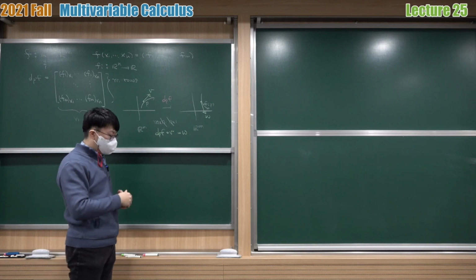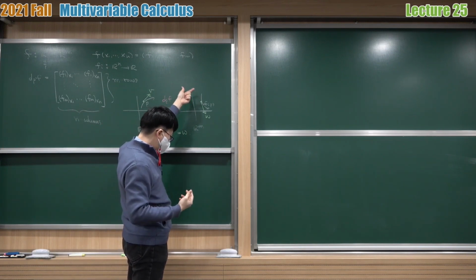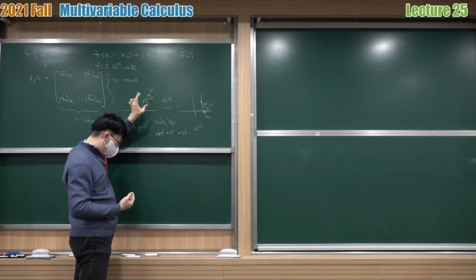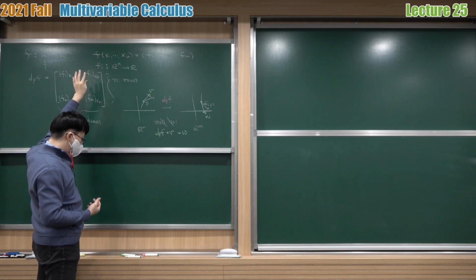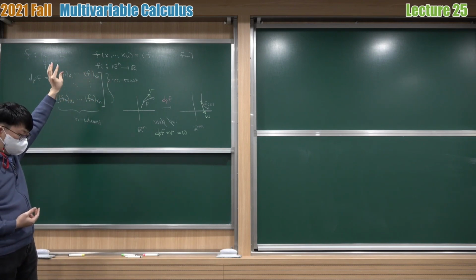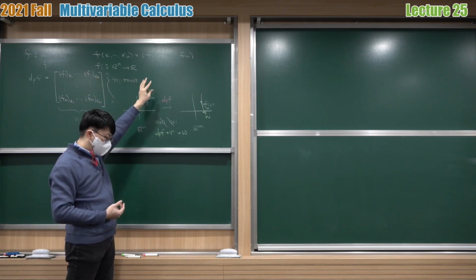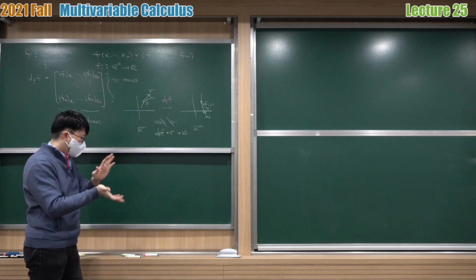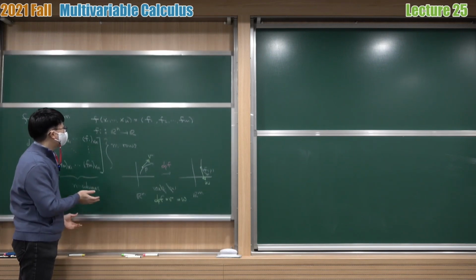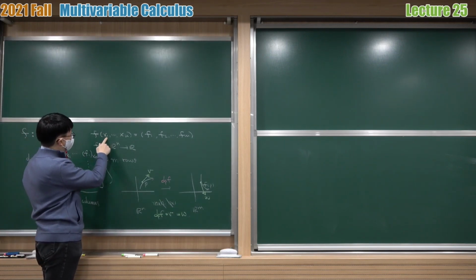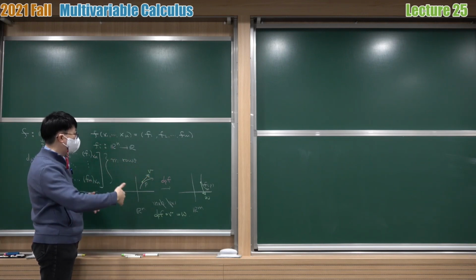So if you want to know how much your image point is moving according to the movement in the domain, or you could say that you have n input variables and I want to change my input in some directions, in other words, I want to change my x1 variable this much, and x2 variable that much, and so on.